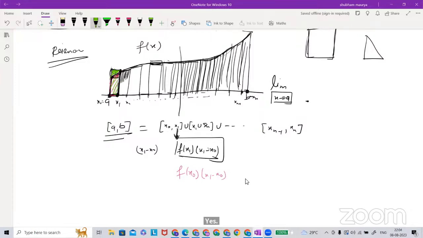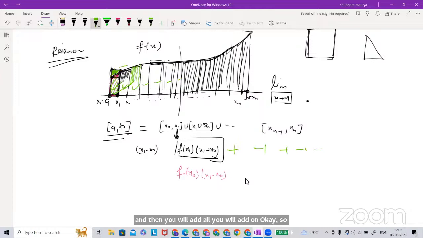What is the limit? We will break our area into very fine, very small areas. We will divide this figure into very small rectangles, and then we'll start taking the sum. You find the area of this one, then this one, this one, this one, and then you will add all of them.